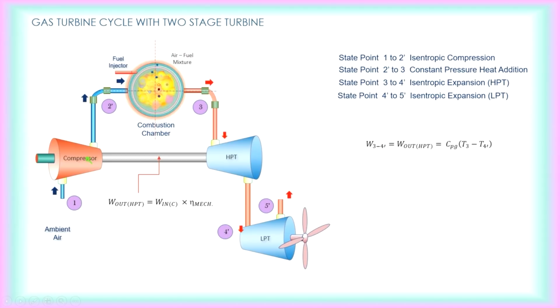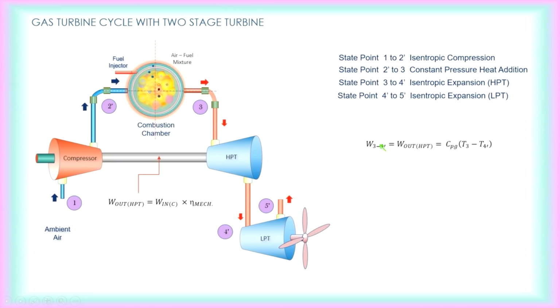So here you have isentropic compression, isentropic expansion, and isentropic expansion, which you can use relative pressure. But for the time being, we are using this by considering that the CPG is a constant throughout the entire expansion on the gas side.